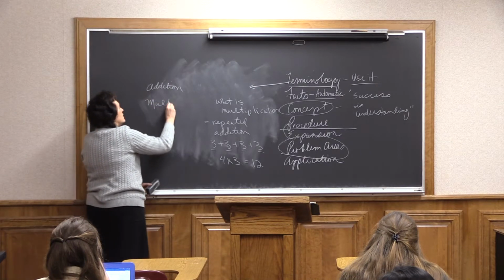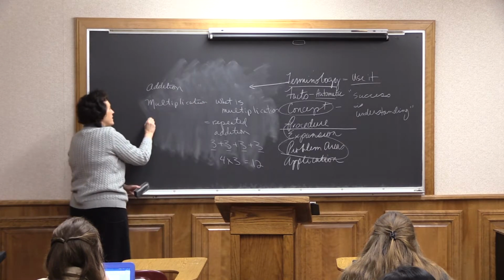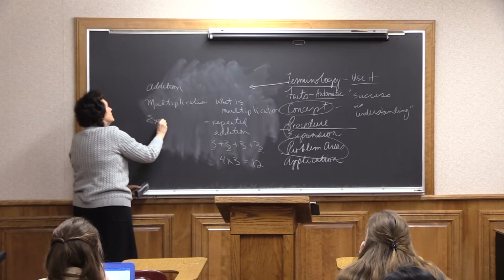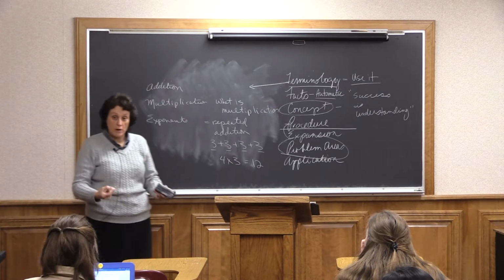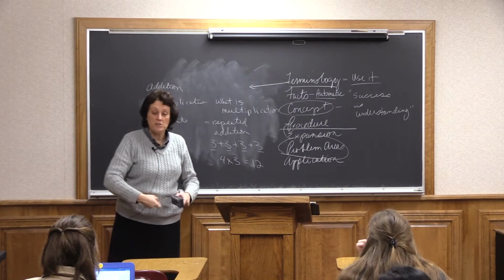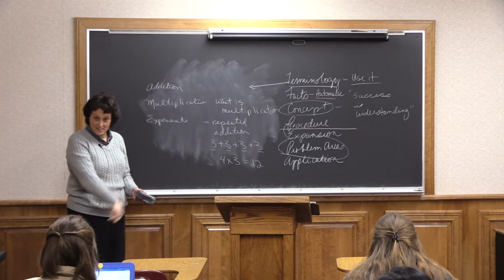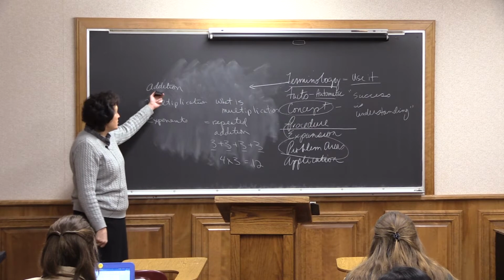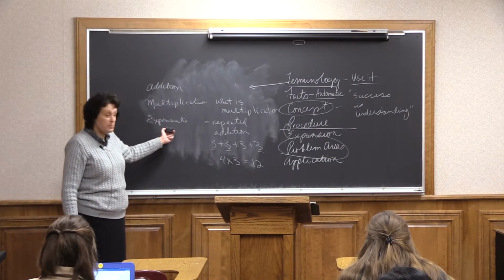Addition, multiplication, and exponents. Also called powers, like squaring, 2nd power, cubing, which is 3rd power, 4th power, 5th power, 6th power. Addition is a basic operation, multiplication, and exponents.